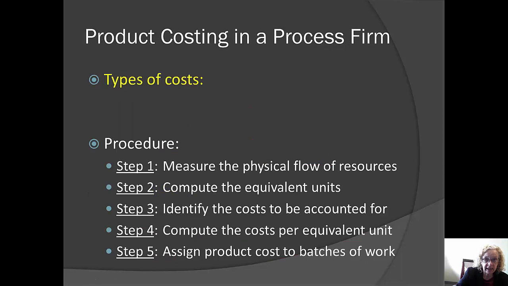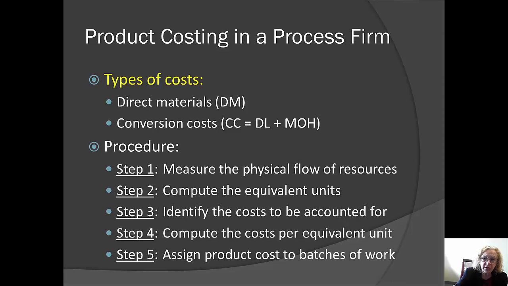Firms that use process costing tend to be highly mechanized. Because of that, they tend to think of their costs as being either direct materials, physical things that we add to whatever we're manufacturing, or conversion costs, the cost to convert those materials into something that can move on to the next process or ultimately to finished goods.